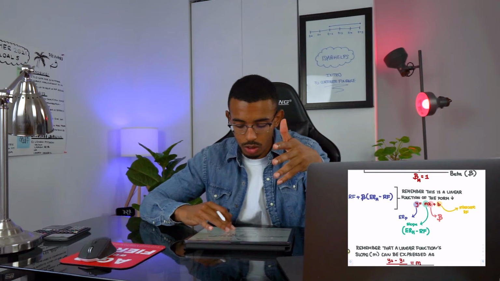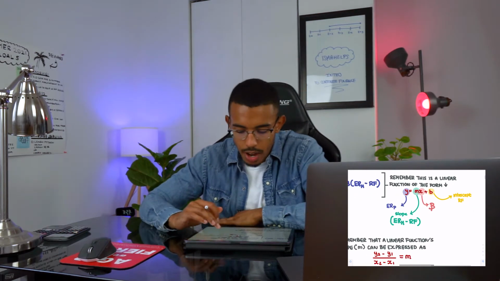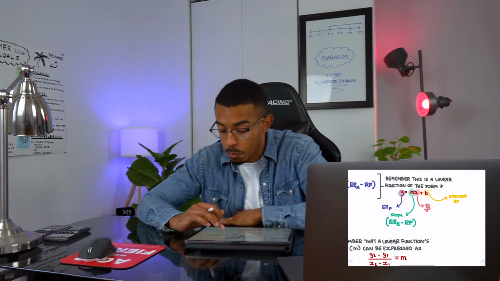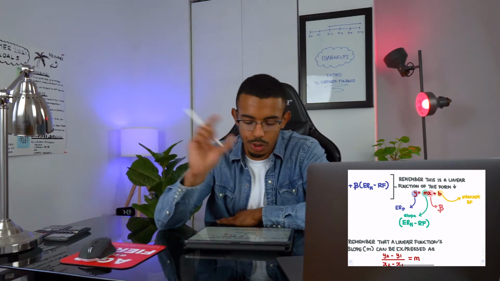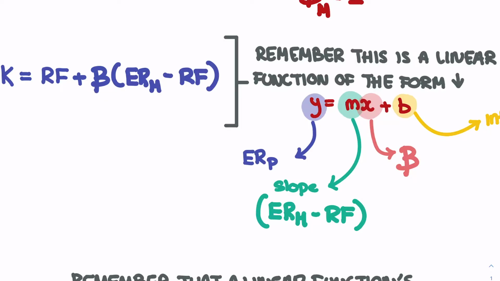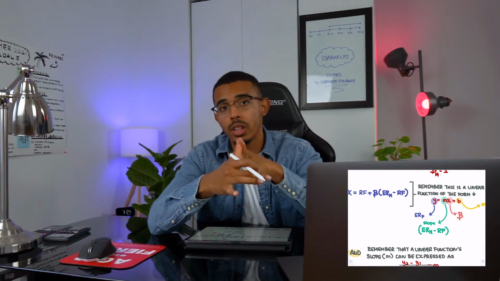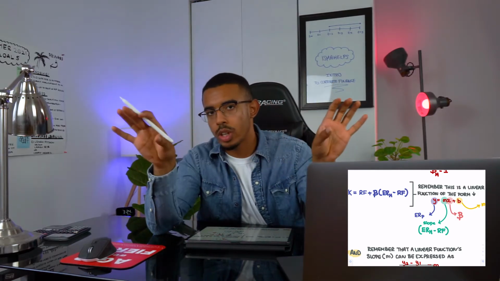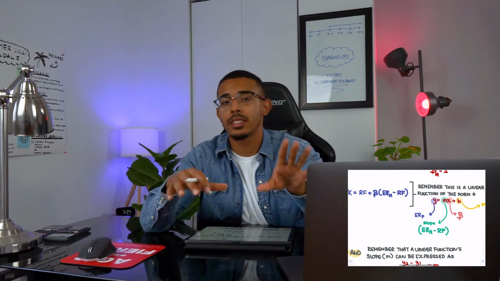As you can see on your screen, I took the liberty to define our y equals mx plus b and substitute the different terms for what they are with respect to the SML. I showcased the different parallels you could make between our linear function format and our SML. Now we know that our linear function is essentially written as y equals mx plus b.